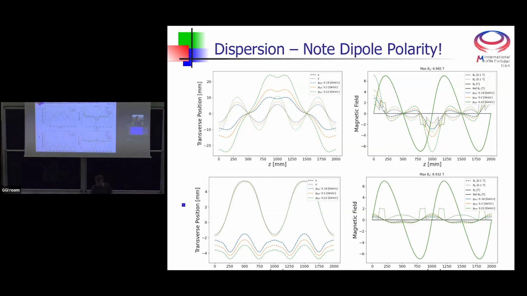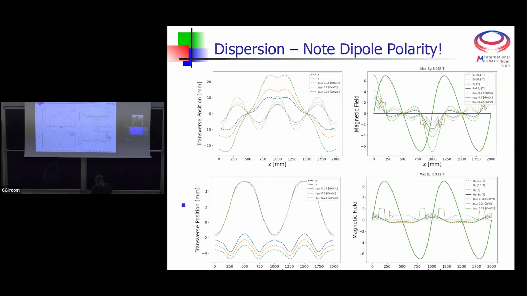I'm showing 2 different configurations of dipole here. In this configuration, I have a positive dipole, then a negative dipole, then a positive dipole. And you can see that the dispersion vector flips every meter, every time the dipole field flips.